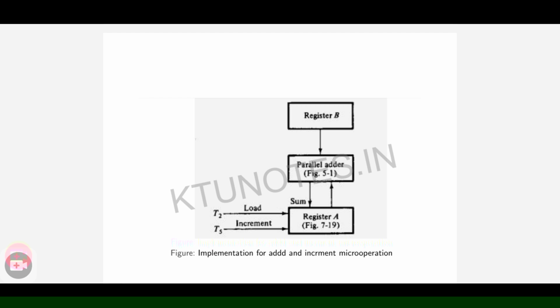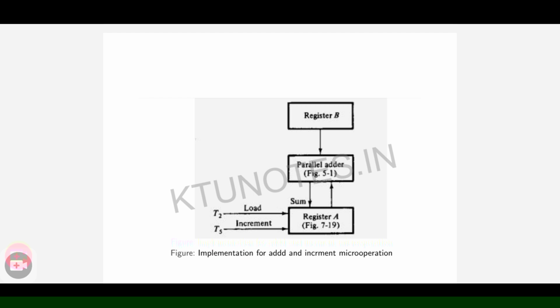this is an example of an addition and increment function. The content of register A and the content of register B are transferred to the parallel adder for performing the particular addition function, and the result is stored in register A by using a control function load at T2.